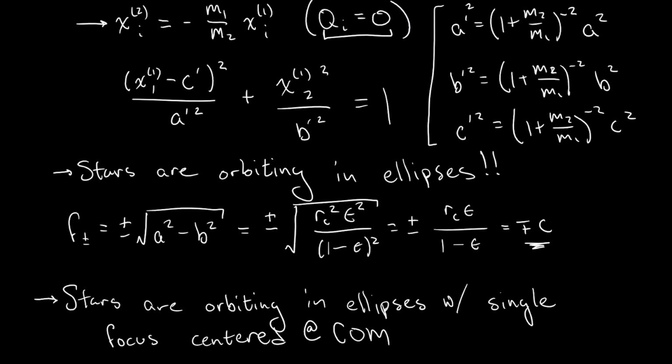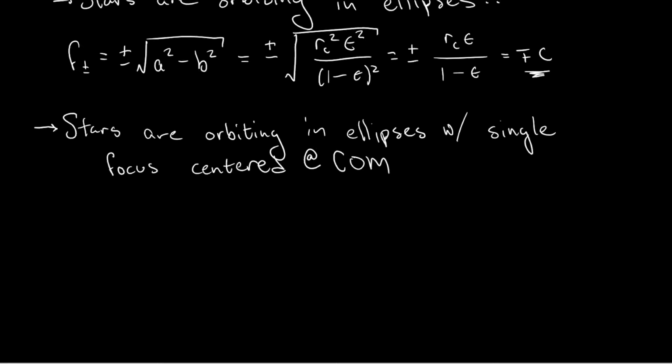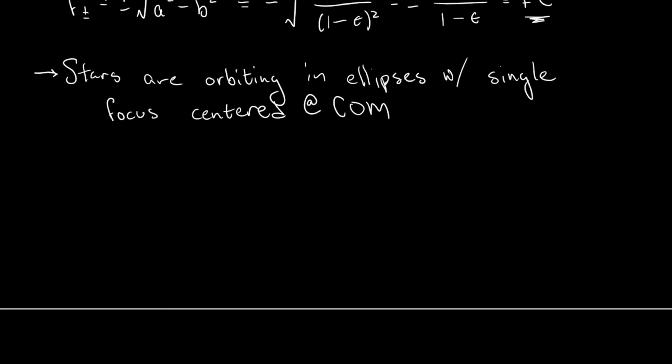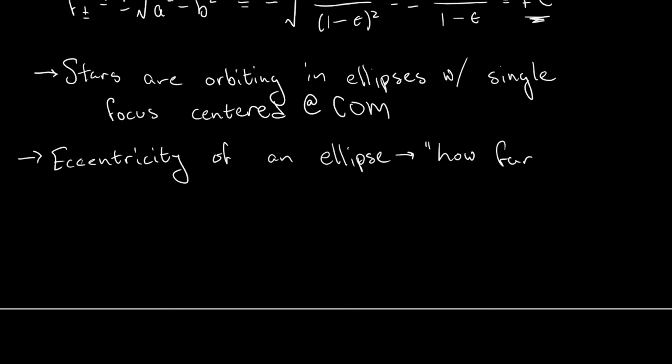Okay. So now we're going to do one last nifty thing, and that is talking about the eccentricity of these ellipses that these stars are orbiting around. And if you don't know, the eccentricity of an ellipse is essentially how far it is from a circle.